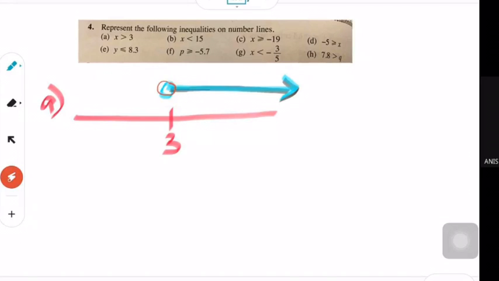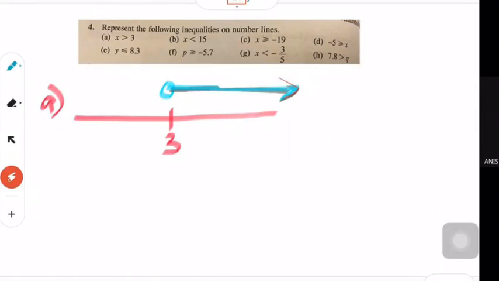Kau jangan hitamkan dalam tu. This circle is not shaded, means 3 is not included. And then buat arrow macam tu. Maknanya all values here, semua value ke sini akan diterima sebagai jawapan dia.